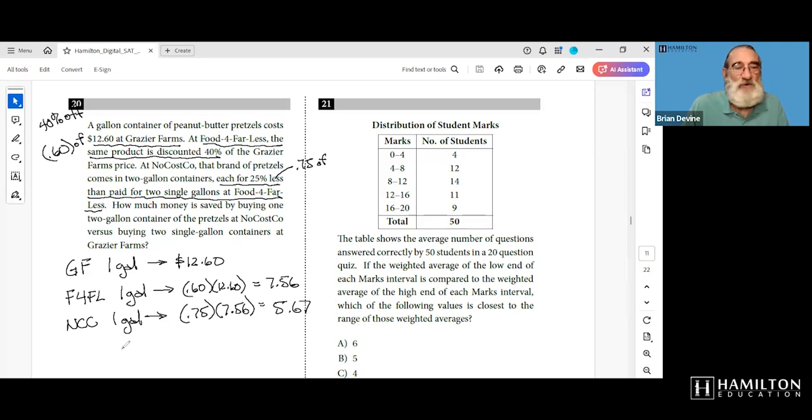And so in effect, I want 2 times 12.60 minus $5.67, because that would be the difference, 2 gallons at Grazier versus the 2-gallon at No Costco. And that's going to come out to be $13.86. So you save yourselves $13.86.